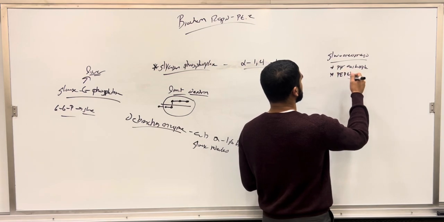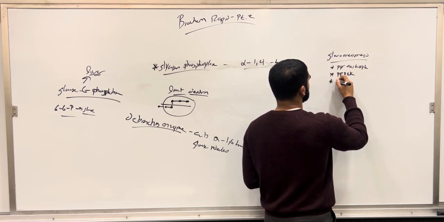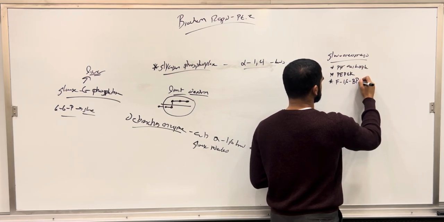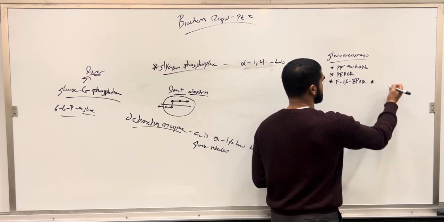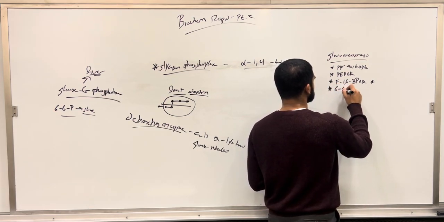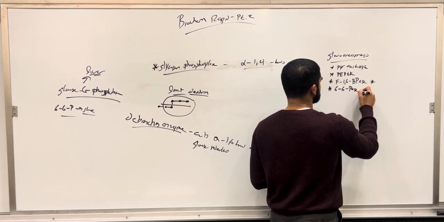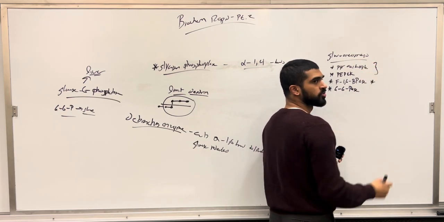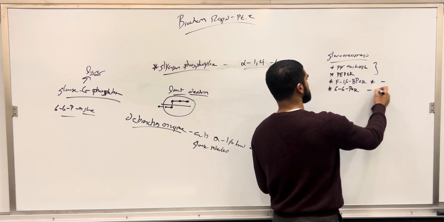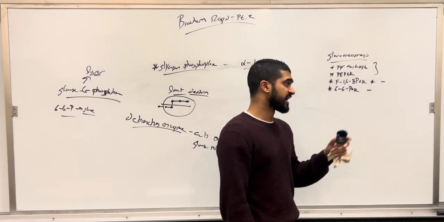Pyruvate carboxylase, PEP carboxykinase, fructose 1,6-bisphosphatase, which is the rate-limiting enzyme, correct? And glucose 6-phosphatase. These overcome one irreversible step, these overcome the next one, and these overcome the next one.